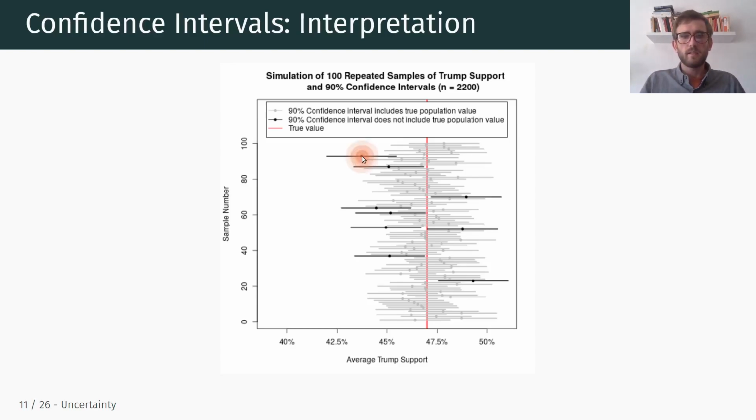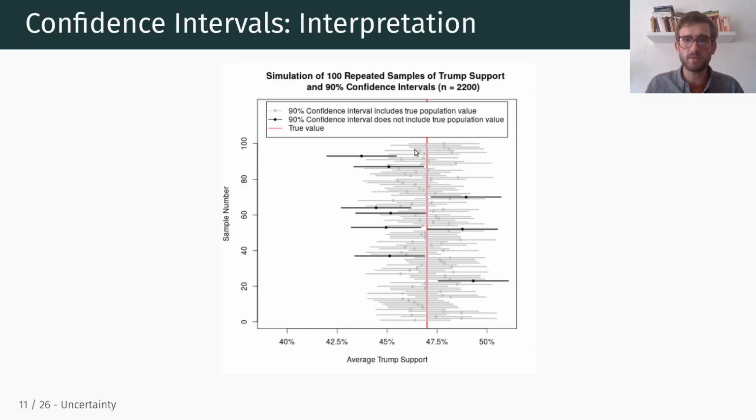And the 90% is not a statement about the chance that this individual confidence interval includes the true population value, but rather we look across our 100 or maybe 1,000 repeated samples. We look at how many of these confidence intervals include the true population parameter and how many do not, right?